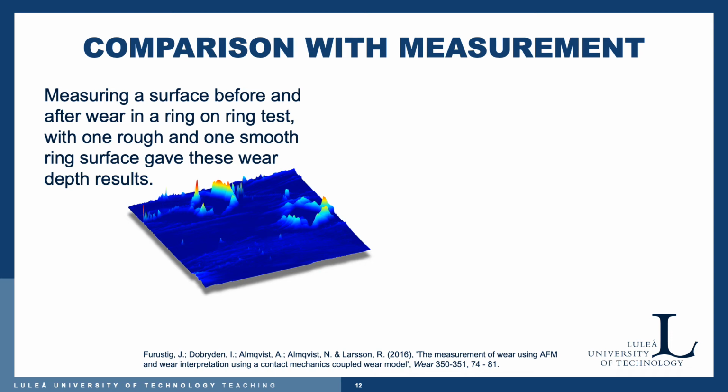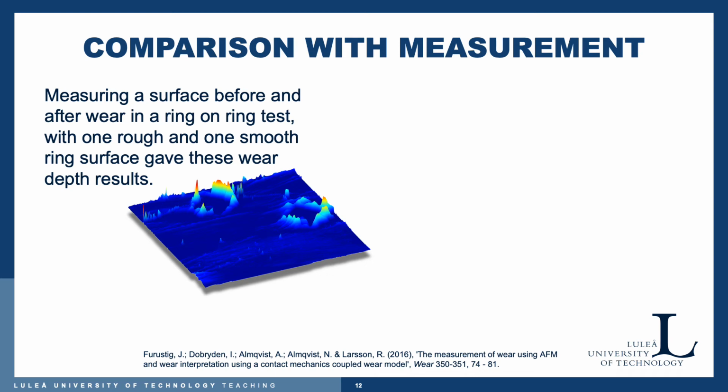So what about comparing our numerically simulated result to measurements? What we see here is a figure taken from the paper with reference below here, where we measured wear using AFM.